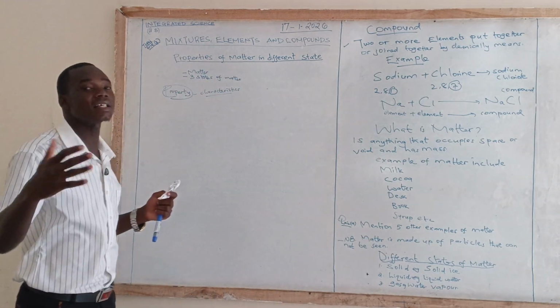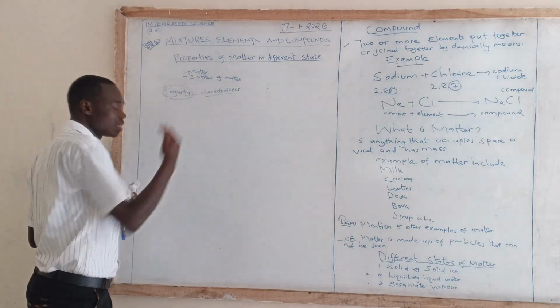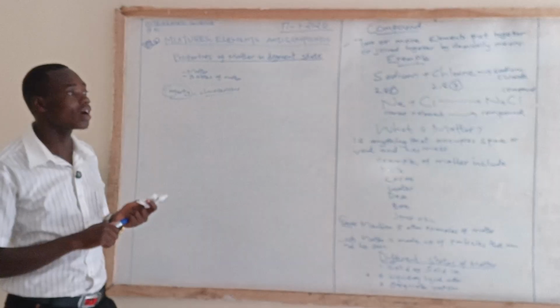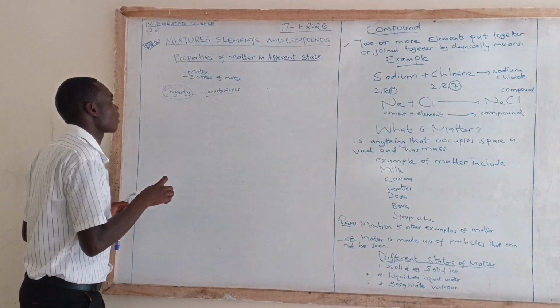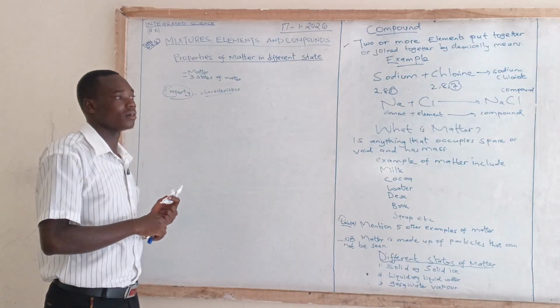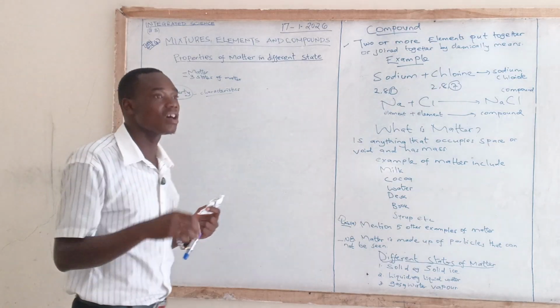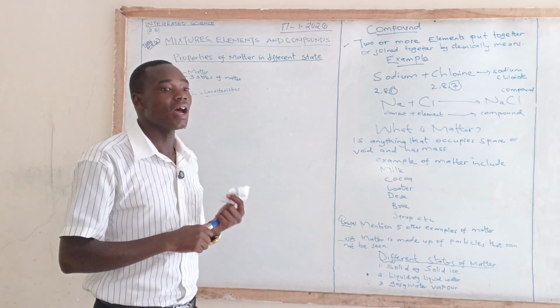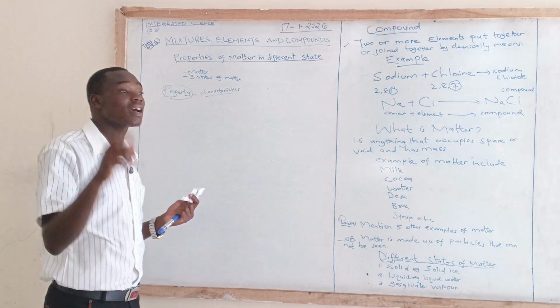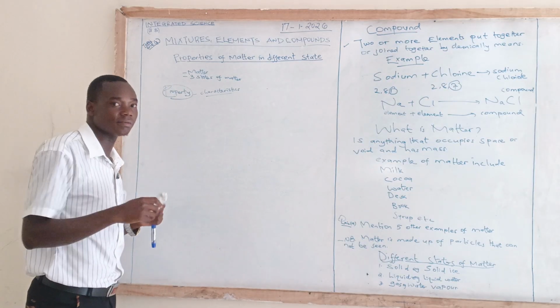Yes, those are the characteristics, or rather the properties of matter in different states we want to talk about. So we want to look at the properties of matter in solids, in liquids, and also in gases. How do the gases behave?